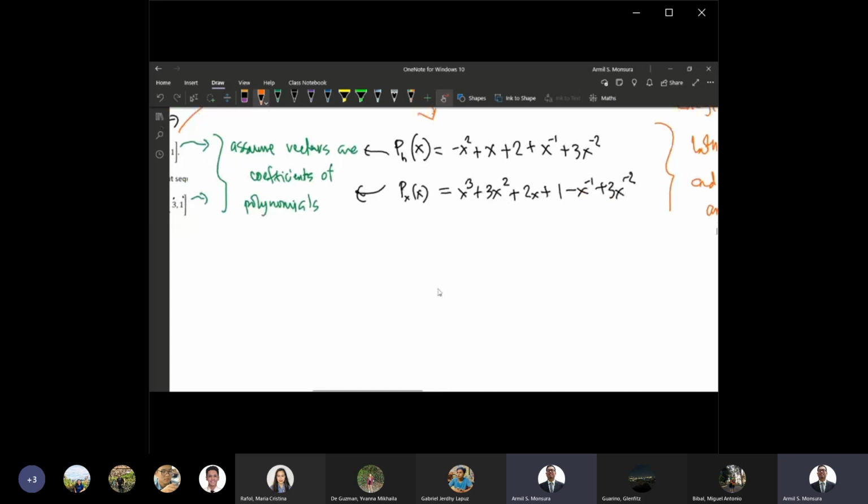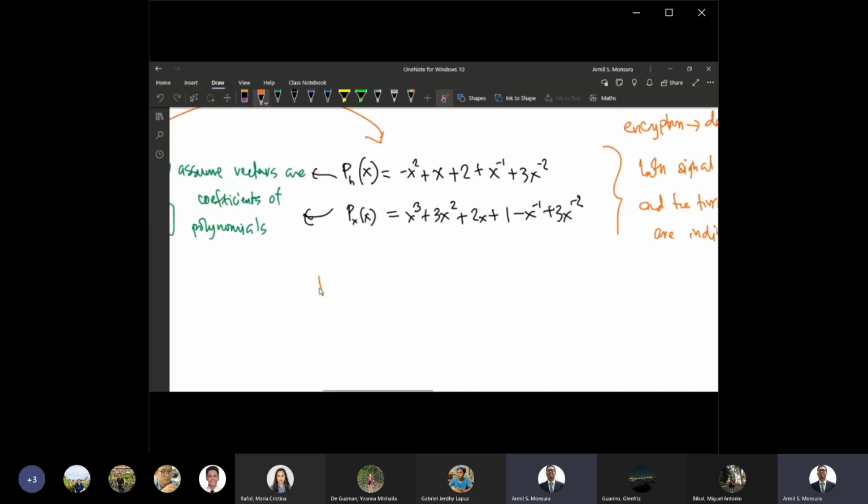Now, this is my point. I want to produce the product of the polynomials p of h times p of x. So we multiply them. What we will do first is to write the polynomials. So this is x cubed plus 3x squared plus 2x plus 1 minus x raised to negative 1 plus 3x raised to negative 2.